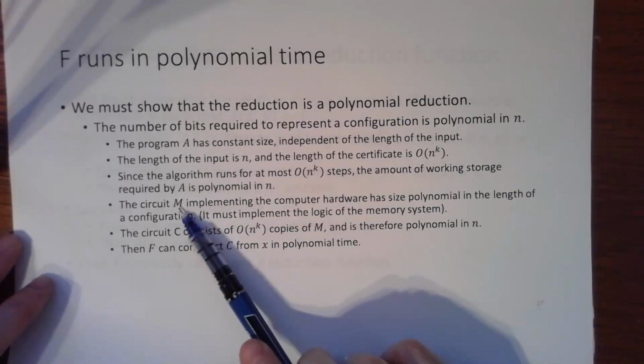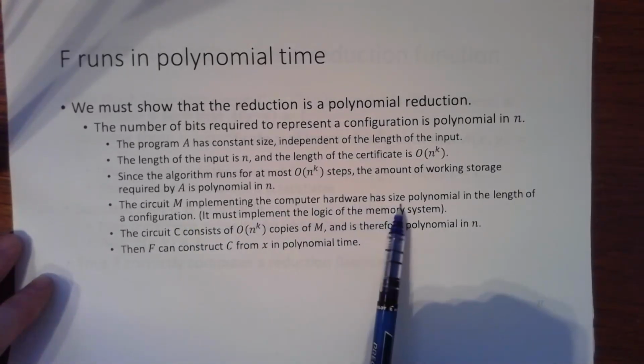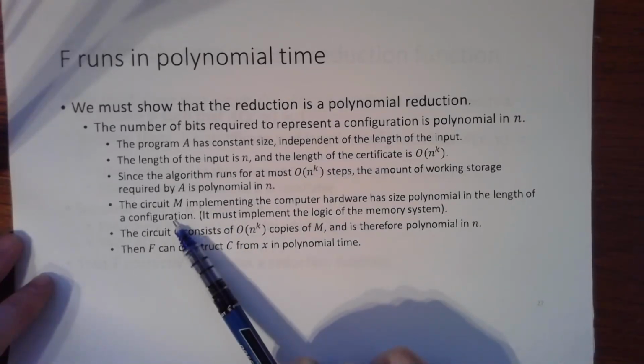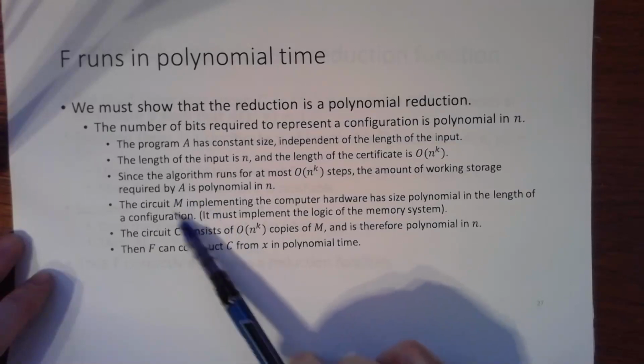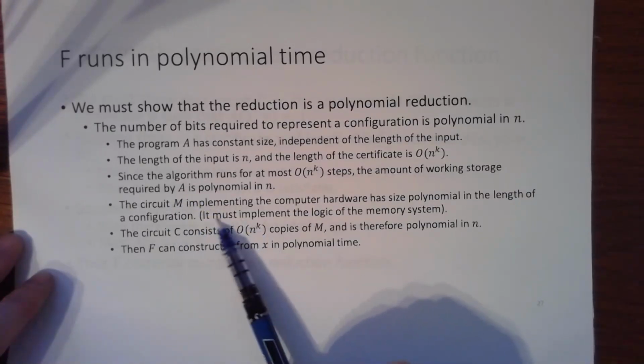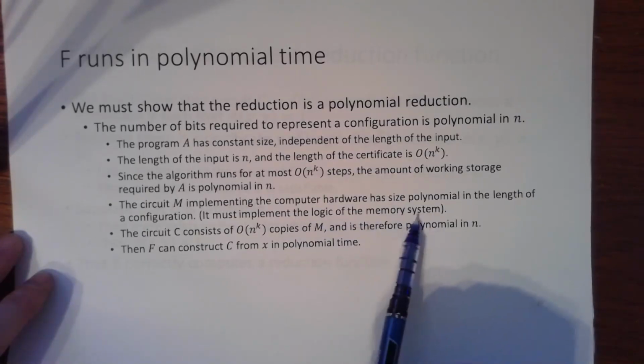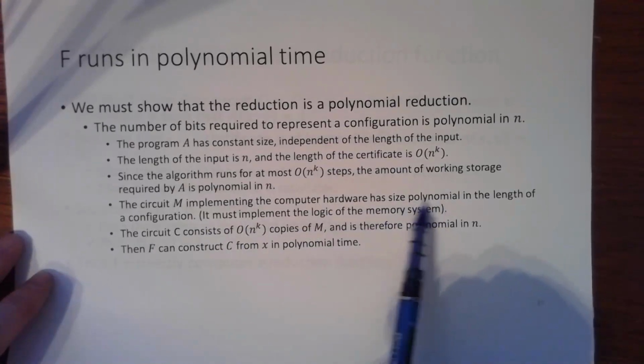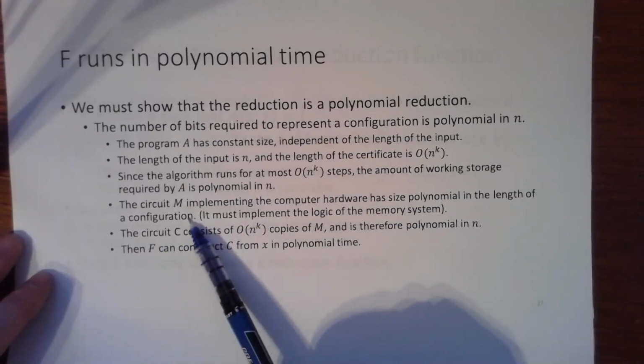The circuit implementing the computer hardware has a polynomial size in the length of the configuration. You sort of feel like it should be constant, except that it has to implement the logic for the memory. That memory is based on what the input is, so it will be polynomial in the size of the input. That's why it's not constant.